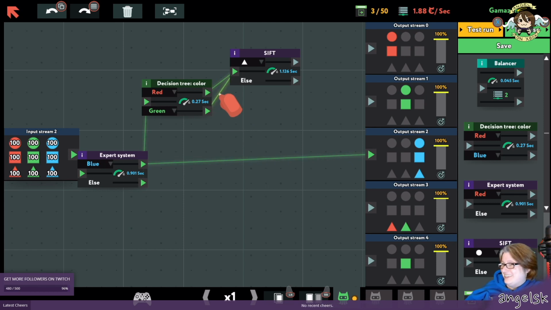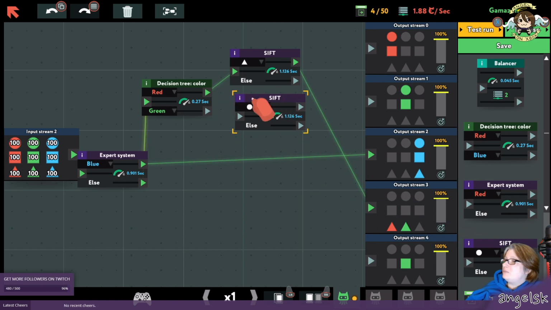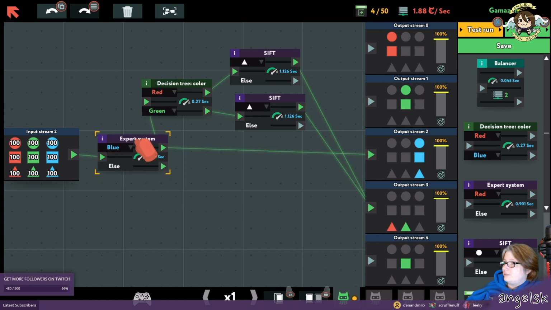Okay. We want to sift red triangle here, and we want the cost not to be too high. And we want to sift green triangle to be here. And then red else just goes here. The green else needs to split.